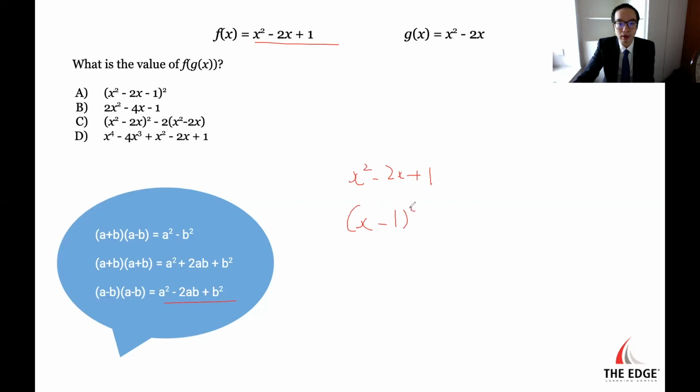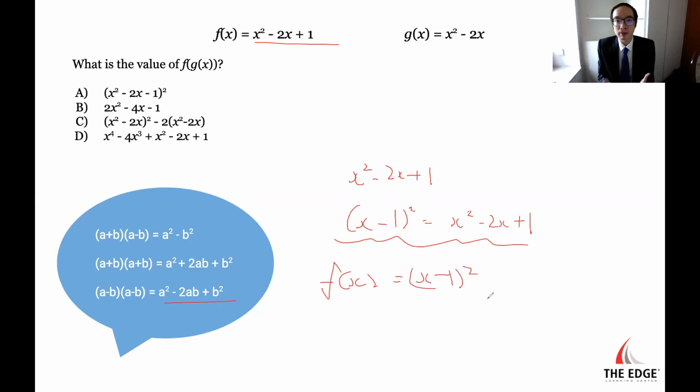To prove that they are actually the same thing, all we need to do is multiply that out again: x squared minus 2x plus 1. So they're the same. If we rewrite that function as f of x equals x minus 1 squared, that makes our job a lot easier, because then all we need to do is take the expression from g of x and put it into this x here.